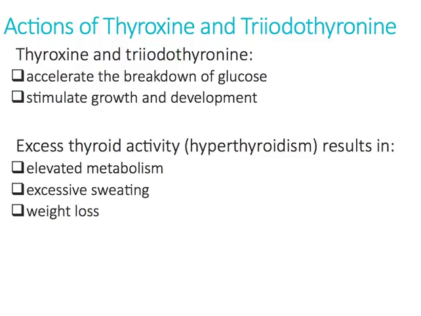And if you have high thyroid activity or hyperthyroidism, that can result in high metabolism. It also can result in excessive sweating and typically weight loss. You could also have hypothyroidism, and that is where you have kind of the opposite of that and typically weight gain.